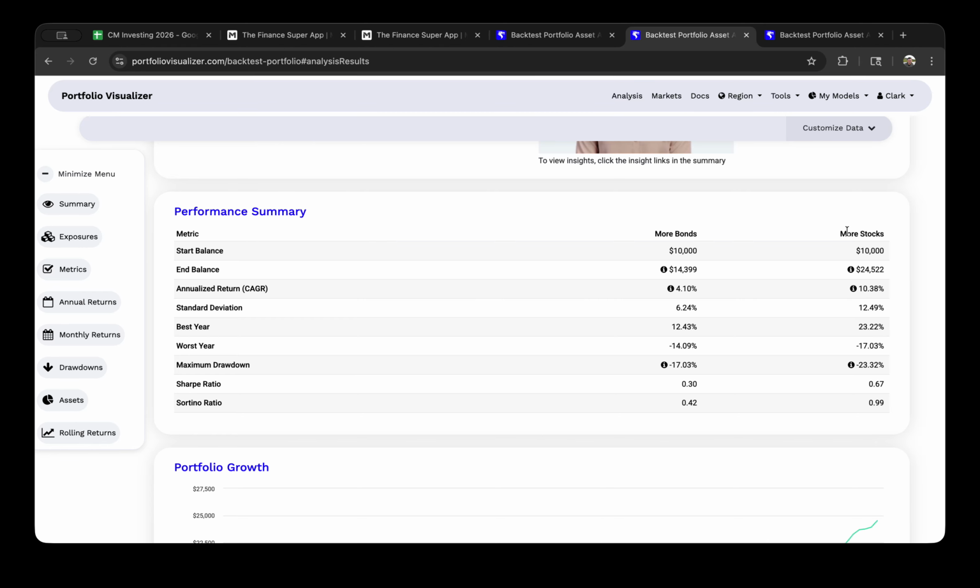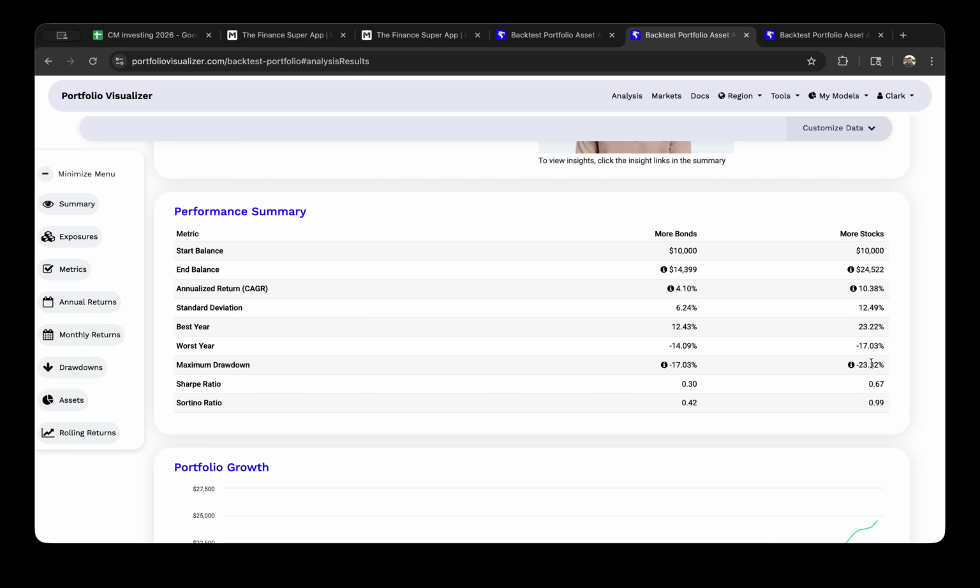If you did the one with more stocks, starting with $10,000, after 10 years, you would have $24,522, which is a compound annual growth rate of 10.38%, but had a maximum drawdown of 23.32%. So that means this was more risk, but a lot more return, right?